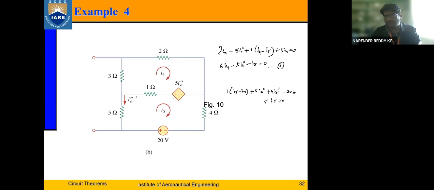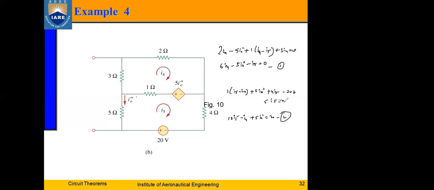So I5: 1, 4, 5, that makes 10. So you can write it as 10 I5 minus I4 plus 5 I0 is equal to 20, right? Equation number 2. Is that okay? Yes, sir.